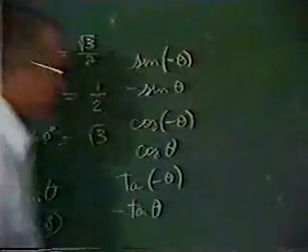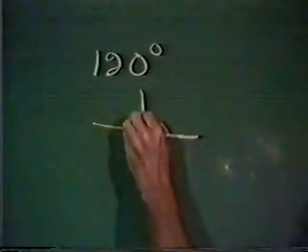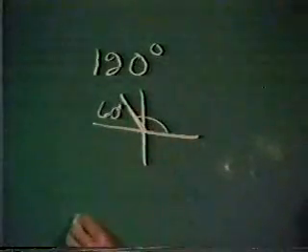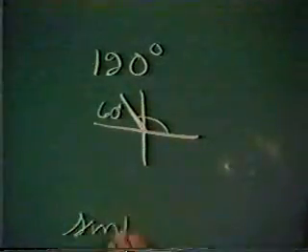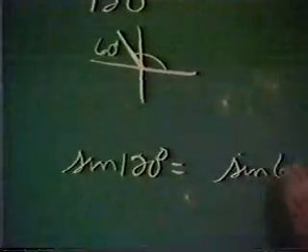Now let's look at 120 degrees. 120 degrees is in quadrant 2, and that happens to be 60 degrees. So the sine of 120 degrees is the sine of 60 degrees.